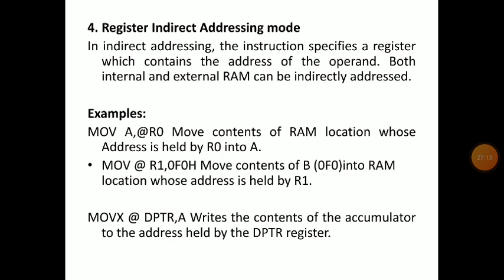Next addressing mode is register indirect addressing mode. In indirect addressing, the instruction specifies a register which contains the address of the operand.